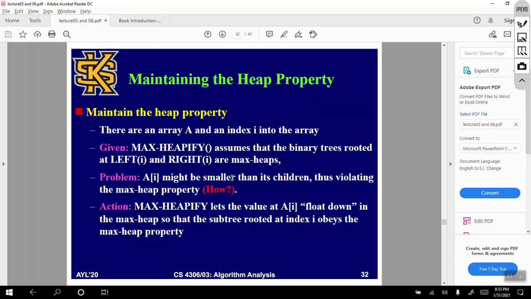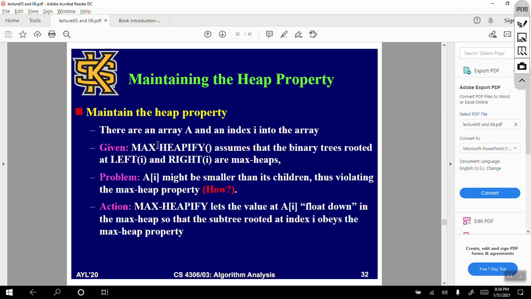So these are the facts. Given an array and an index i into the array, assume that the binary trees rooted at left(i) and right(i) are max heaps. The problem is that A[i] might be smaller than its children, thus violating the max heap property.